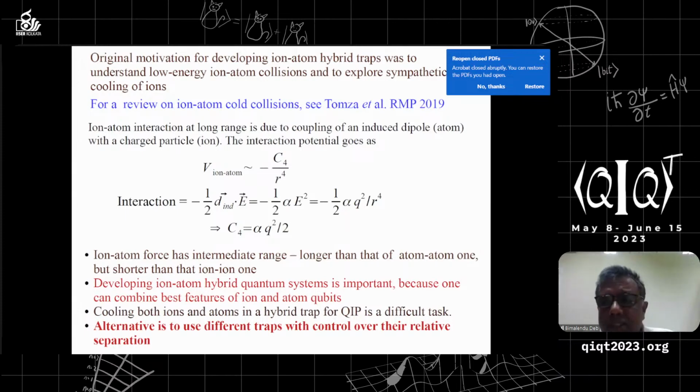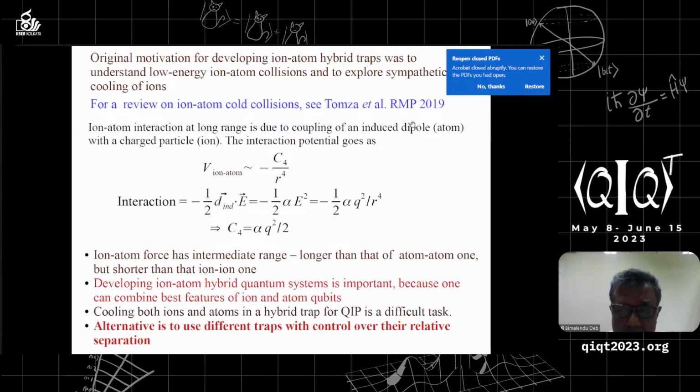In India, Sadiq has done a lot of work on ion-atom hybrid traps, ion-atom cold collisions and sympathetic cooling. I refer you to a review on ion-atom cold collisions, Reviews of Modern Physics 2019, written by Tomza and others.